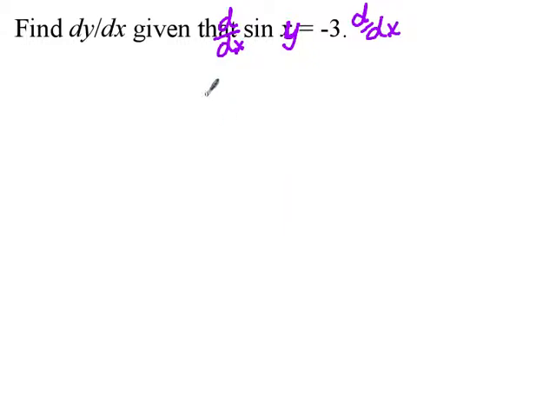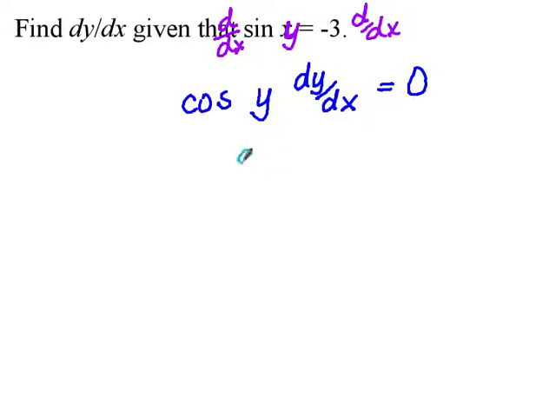Okay, what's the derivative of sine y? Cosine y dy dx. And that's going to equal 0. Okay. So what do you do now?